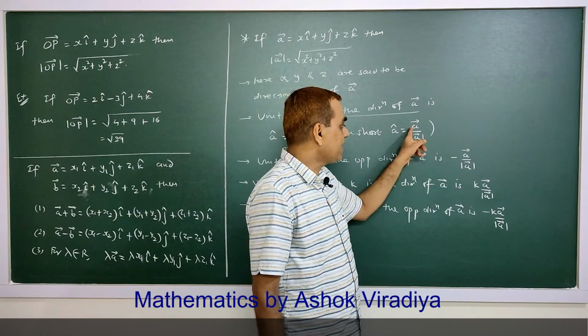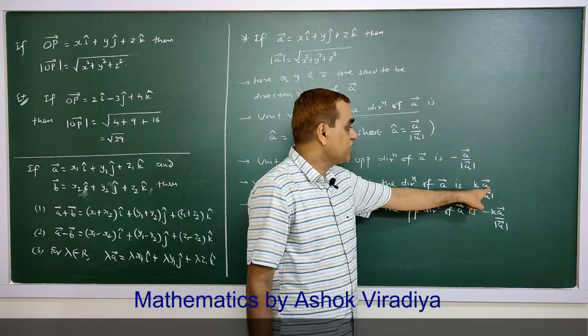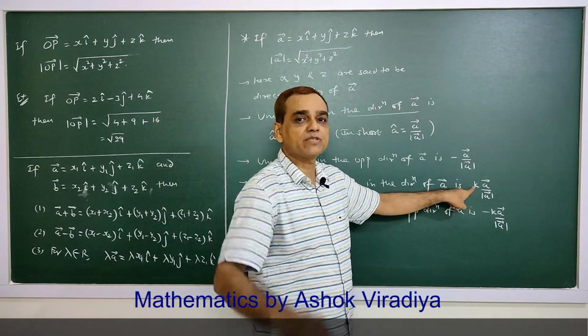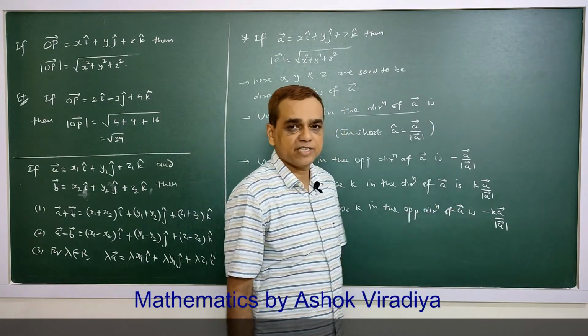If you multiply this by K, the direction remains, but the magnitude is K times. Similarly for minus K.